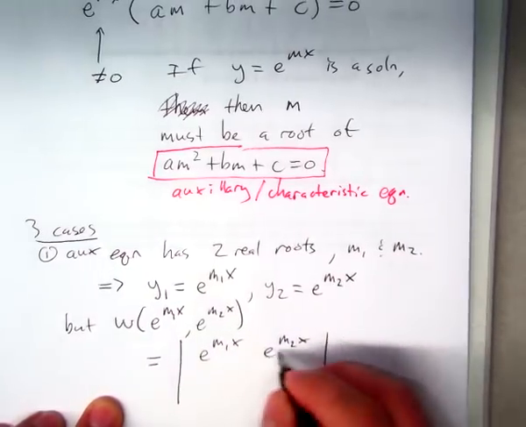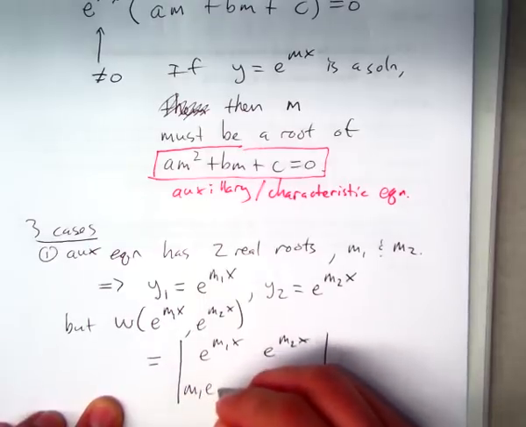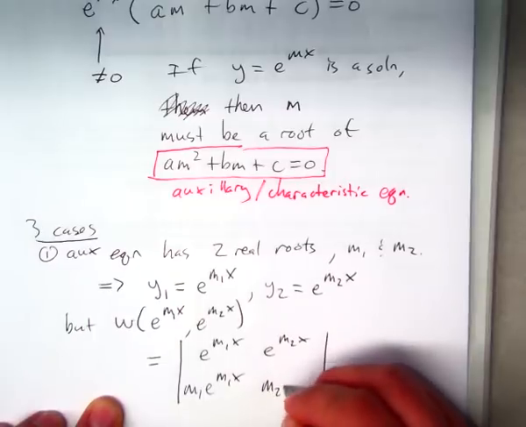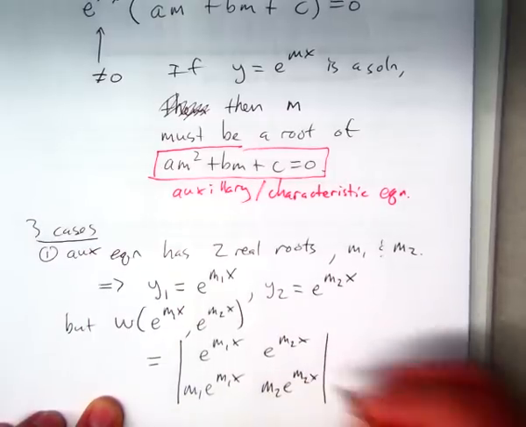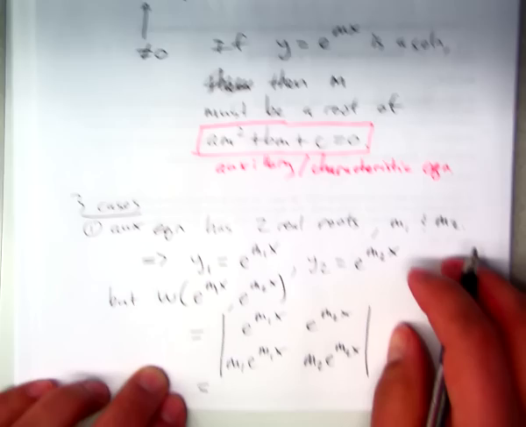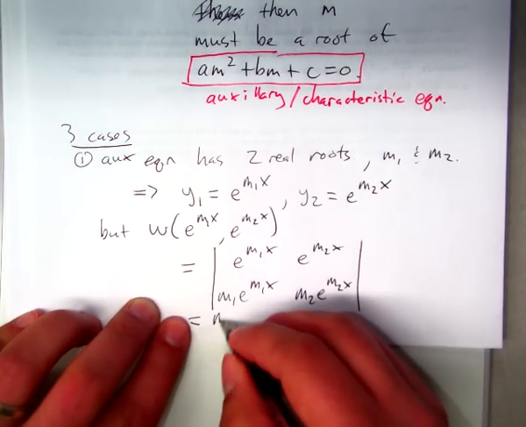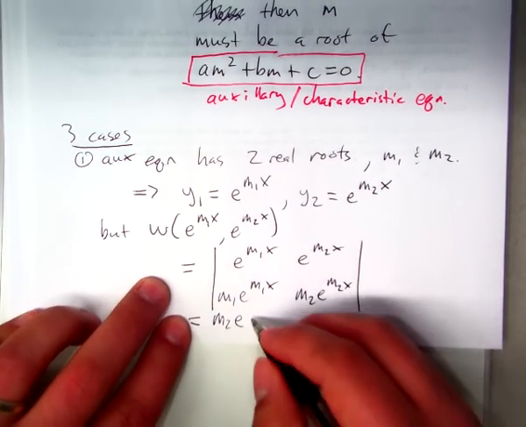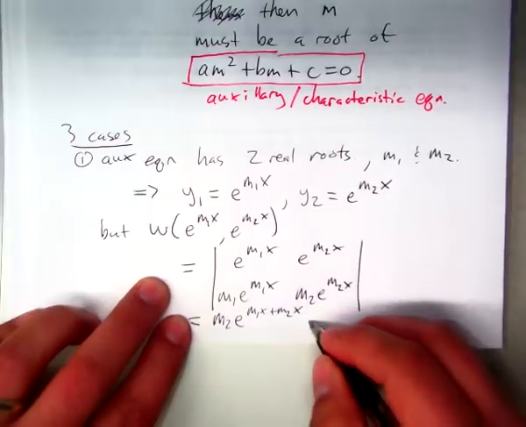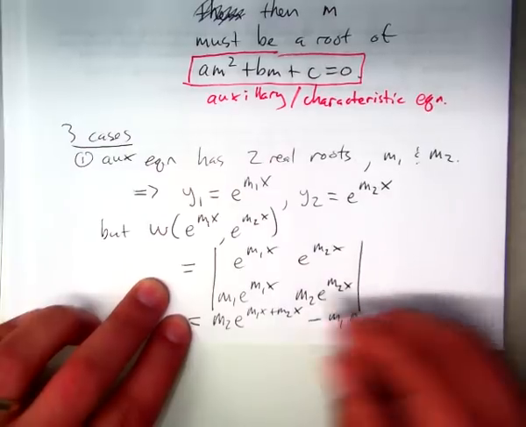Take the derivatives for the bottom row. That's m1 e to the m1x, m2 e to the m2x. Do the determinant, we get m2 e to the m1x plus m2x minus m1 e, and then we just add the exponents.